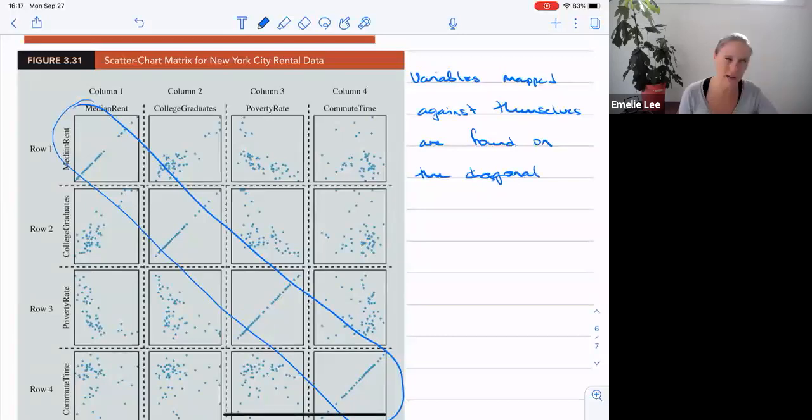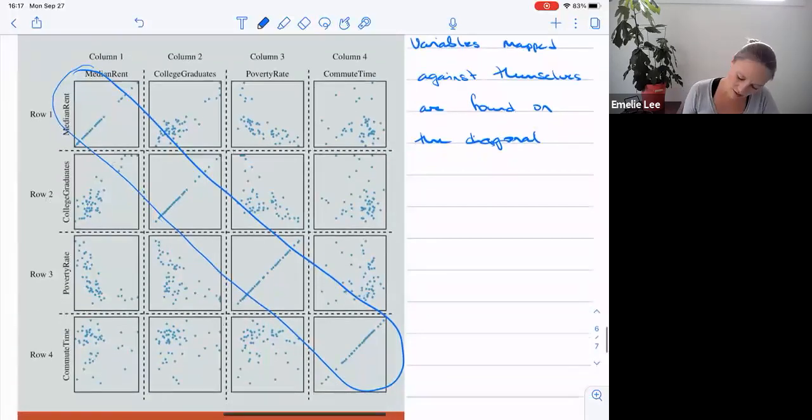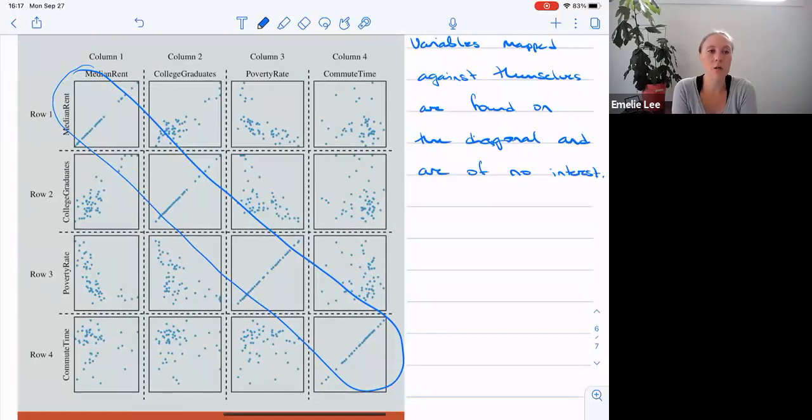In fact, they give a diagonal line themselves, but I'll ignore that for now. And are of no interest. Right, I only say that because I don't want you to start talking about how the college graduates relates to the college graduates. You wouldn't, but just in case, right?